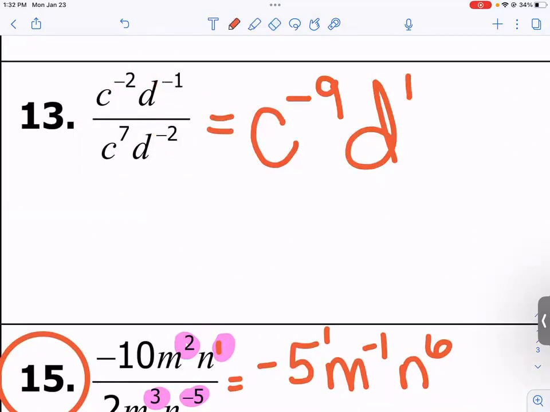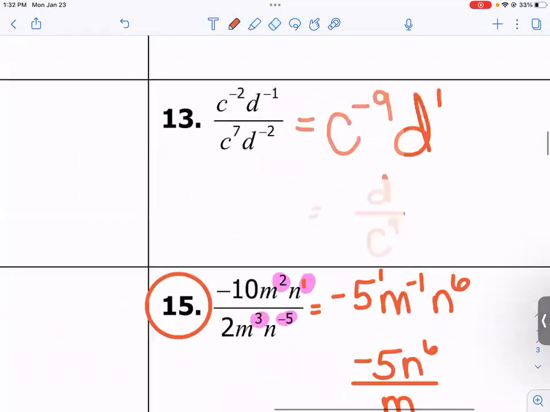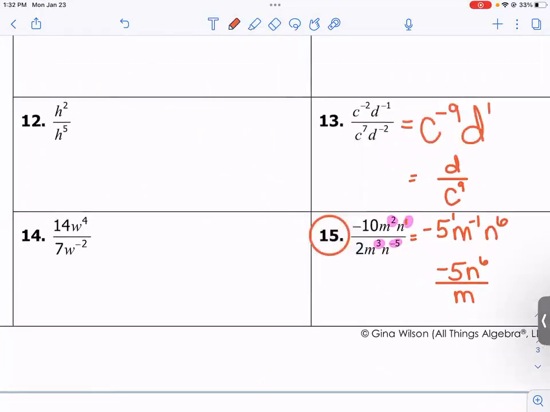That would be a +1 for our exponent. So we would write D to the 1st, but we wouldn't have to write that first, over C to the 9th. That negative exponent has to be pushed across the fraction bar. Are you okay with that?